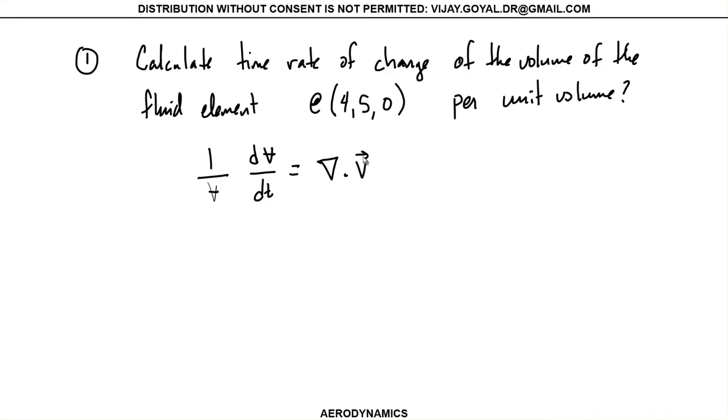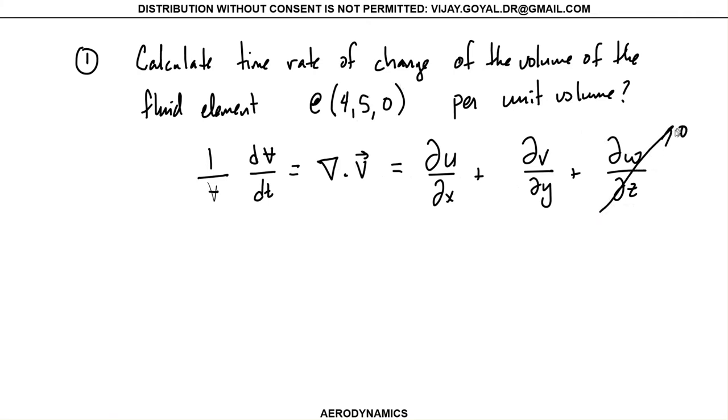Okay, so knowing this equal to this, we can also show, as we did in class, that this is nothing else than partial of u with respect to x, plus partial of v with respect to y, plus partial of w with respect to z. And we know there's no z component in my problem, so it's equal to 0. Let me change the colors quick. Okay, this is only an xy plane basically.